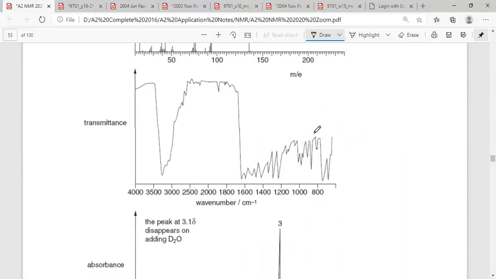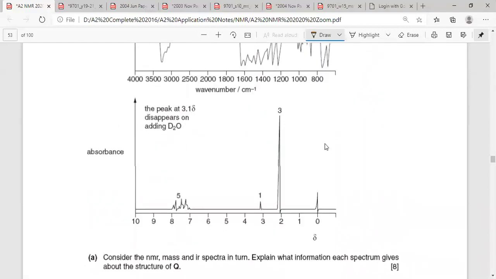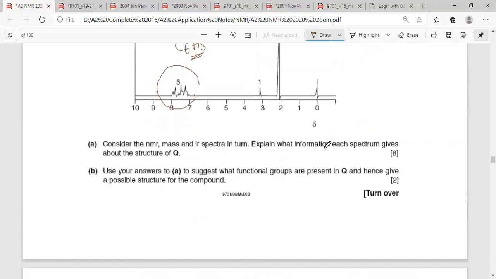And this is your infrared, okay? Infrared. And together, see now, they come with your NMR, and together make up one question. See now, here will disappear. Yes, now this is famous. This is your C6H5. This is your phenol group. Okay, so now together they will form a fantastic question.